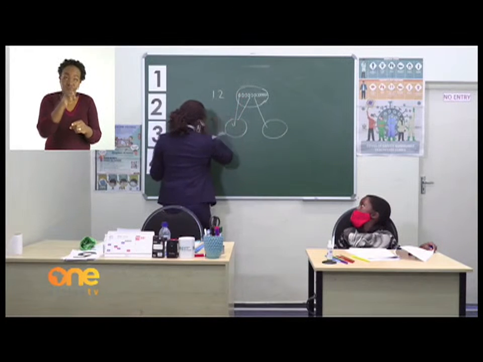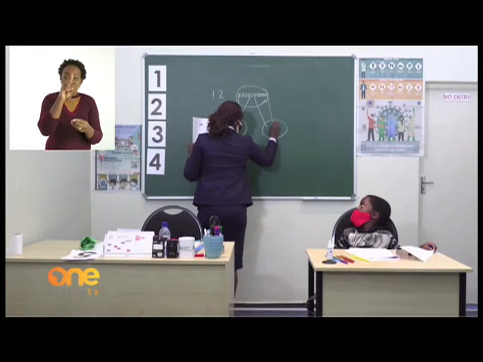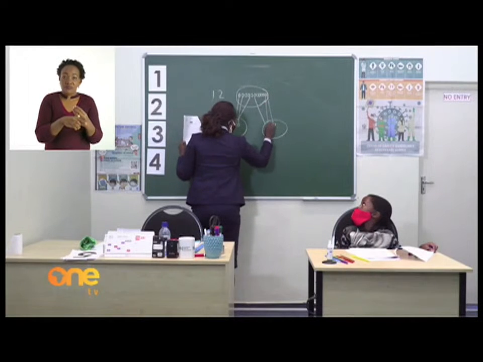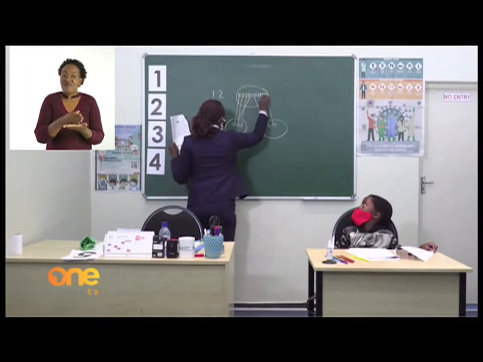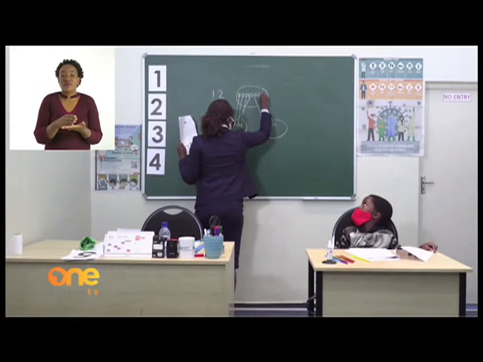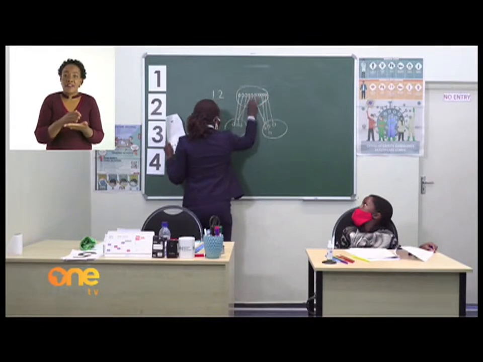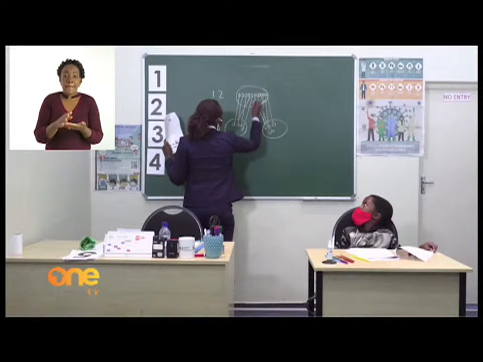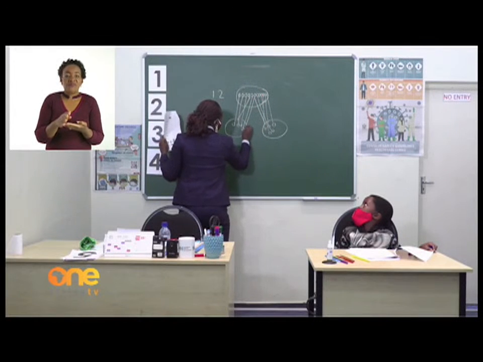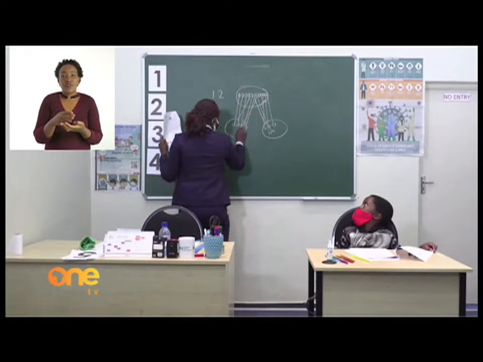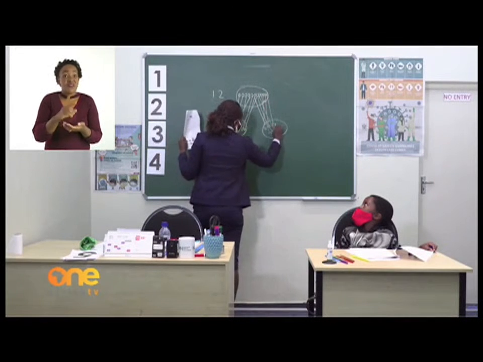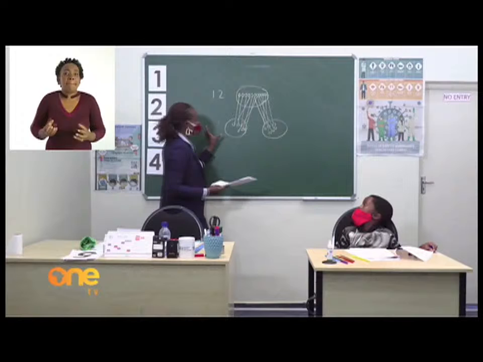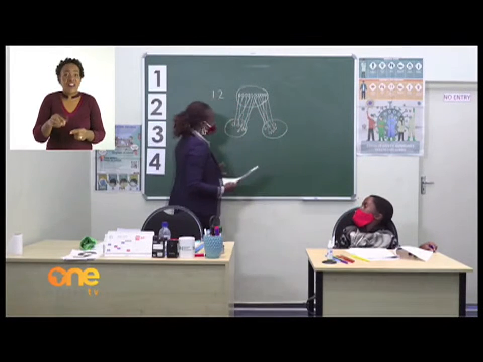We give 1 to Tom, 1 to Jerry, and keep going like this, 1 to Tom, 1 to Jerry. So it means Tom will get 6 and Jerry will get 6 as well.